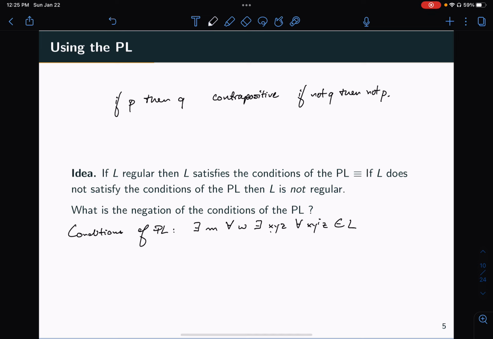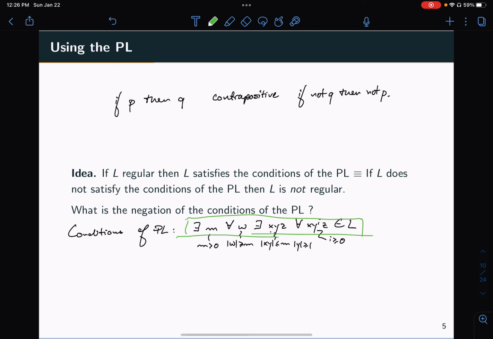Of course there are additional details: xy has to be of length at most m, y has to have length greater or equal to 1, the length of w has to be greater or equal to m, m has to be a positive integer, and here i is greater or equal to 0. But the statement in terms of quantifiers looks like this, right?